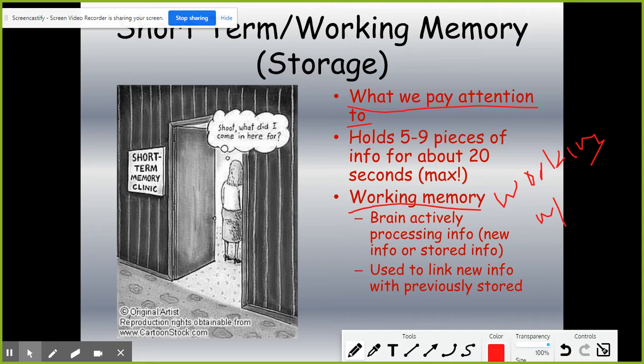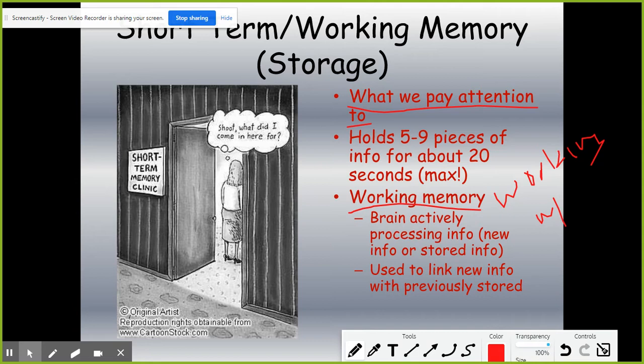For instance, you listening to me and taking notes is being processed by your working memory. For the purpose of this class, the two terms are basically synonymous.